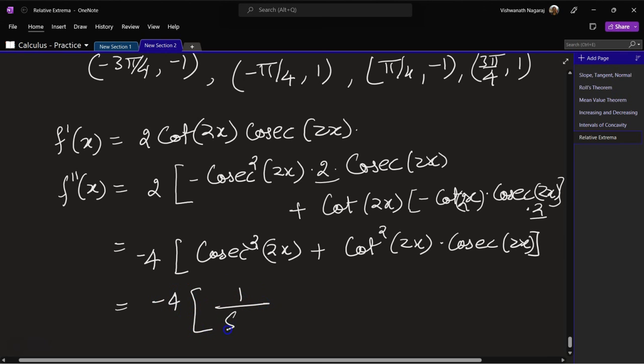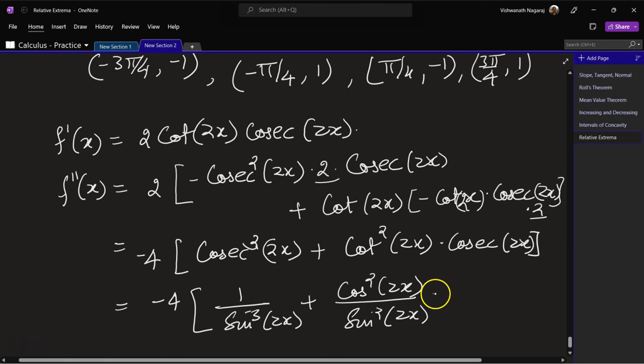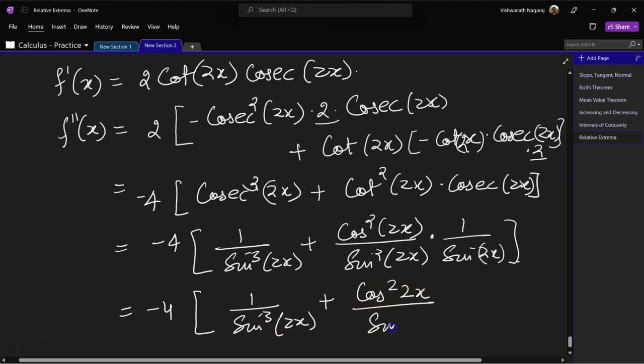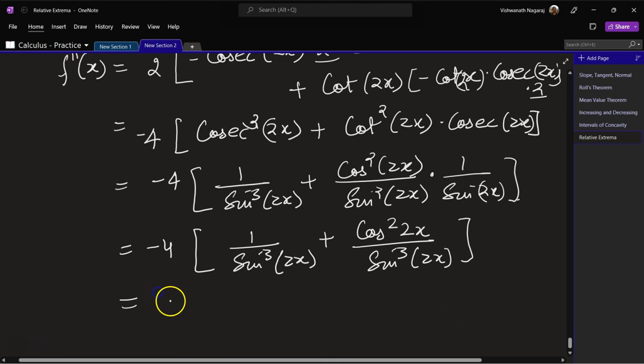This will be 1 by sine cube 2x plus cos square 2x by sine square 2x times 1 by sine 2x, which means we can write it as minus 4 times 1 by sine cube 2x plus cos square 2x by sine cube 2x. We can do is minus 4, combine these two, 1 plus cos square 2x by sine cube 2x.